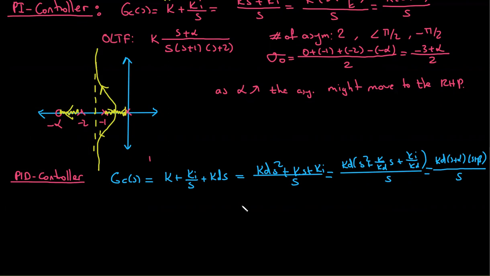So in other words, with PID control, we add two zeros that we can place freely and one pole at the origin.